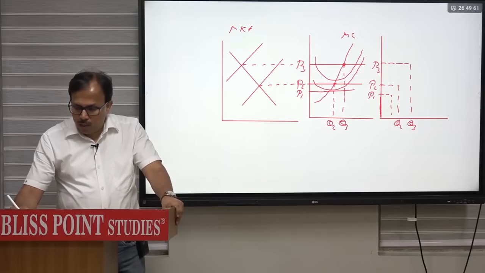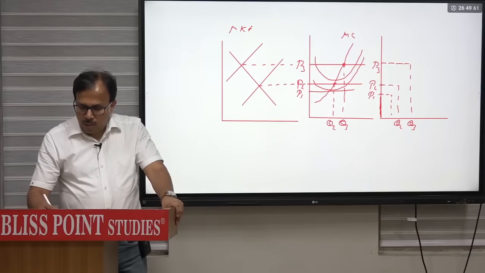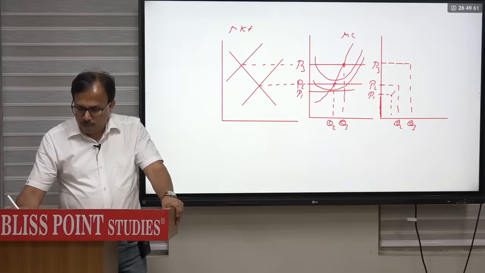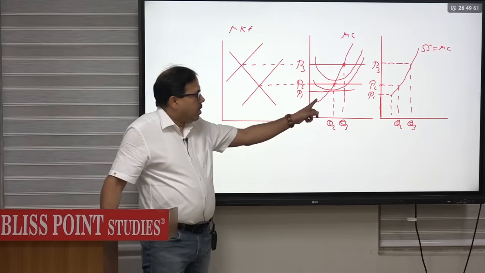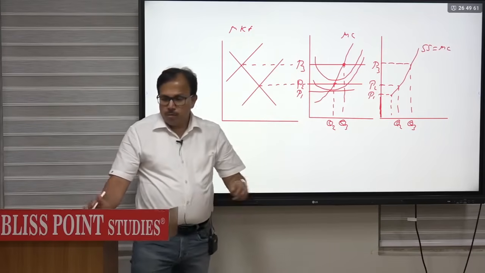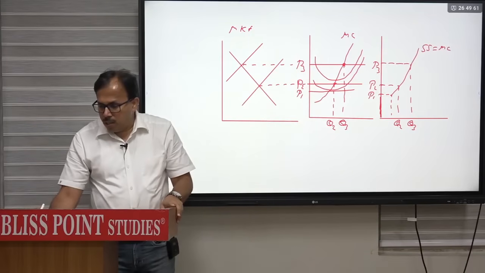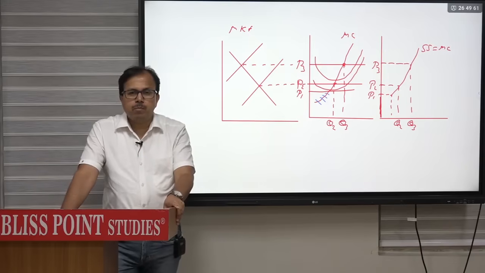You can join only these points. You can draw it a straight line or non-linear. So this is the supply curve, which is nothing but marginal cost curve, but not the entire marginal cost curve. ये section हट गया supply curve का. You basically remove this section. This is not part of the supply curve. ठीक है.